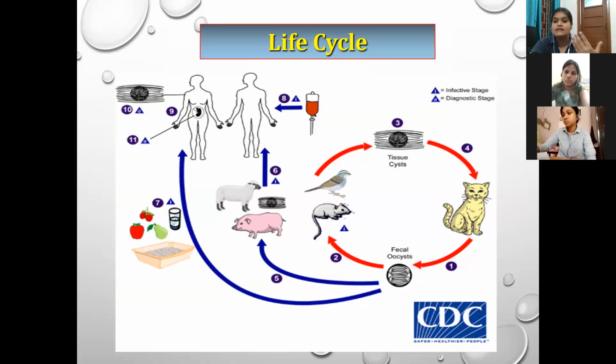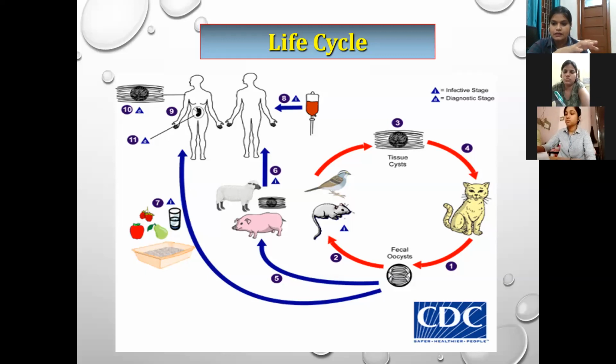The immune system becomes sensitized. Whichever intermediate host it is, either human being or animals, the immune system gets activated. So to hide from it, the parasite converts into the slow replicating stage, the bradyzoite, and forms a tissue cyst around itself, either in muscles or sometimes moving to the eyes, brain or different visceral organs in the intermediate host. There it stays in the form of a tissue cyst.